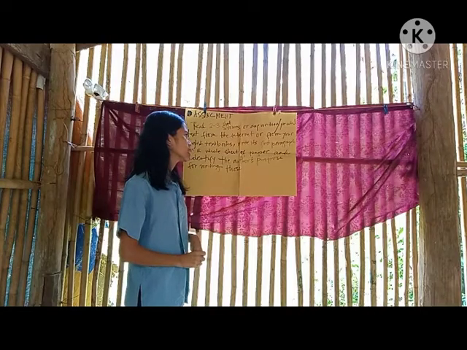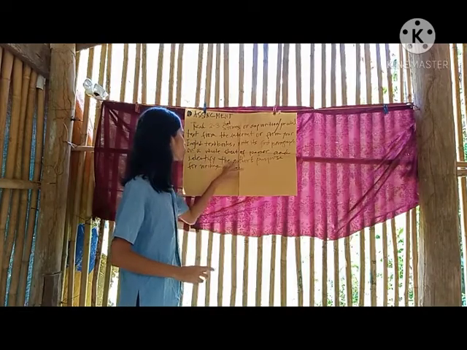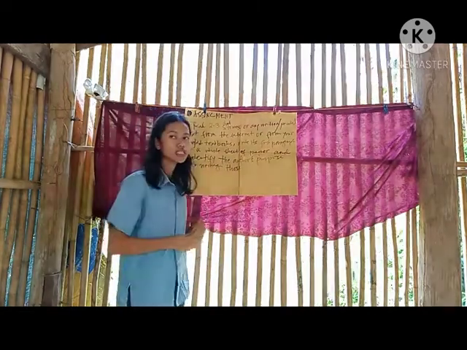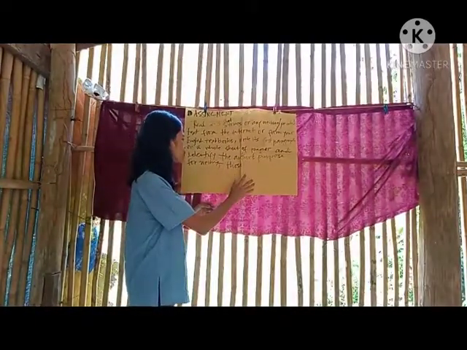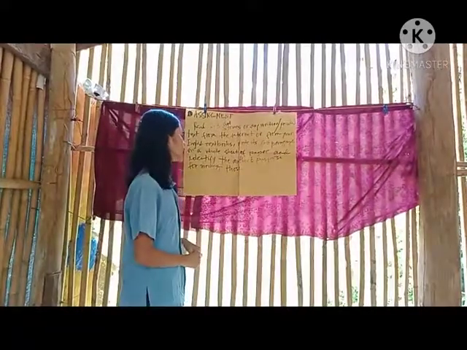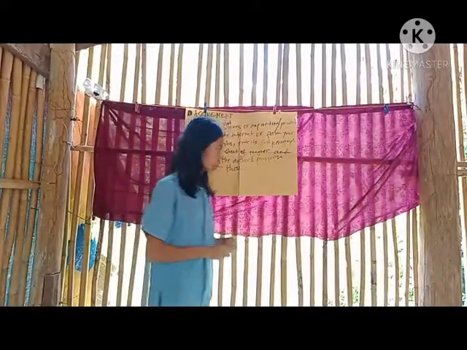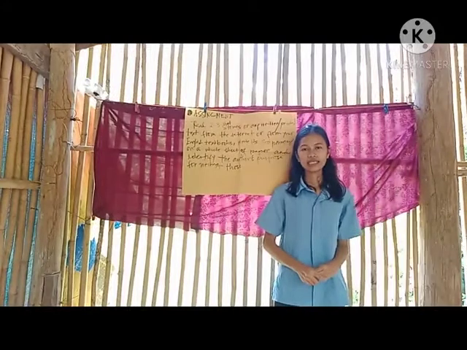Write its first paragraph on a whole sheet of paper, and of course you need to identify the author's purpose or purposes for writing those. Do you have any question, class?